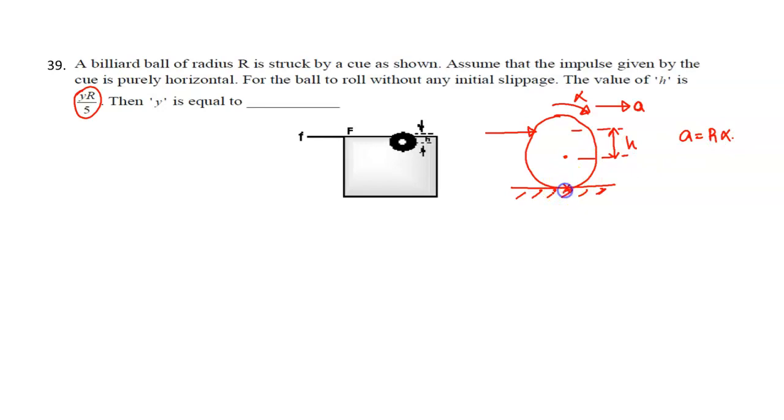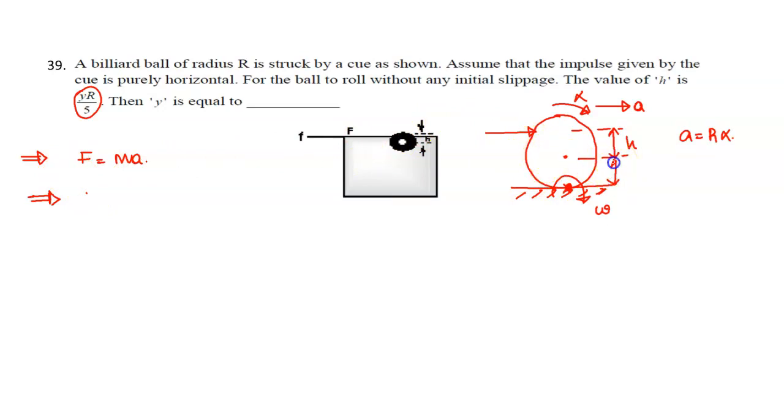and the body will be in pure rotation about the point which is in contact with the ground. So here the force equation can be written as F is equal to ma. Let m be the mass of the ball, and the torque equation about the point which is in contact with the ground can be written as tau, which is F into r plus h.